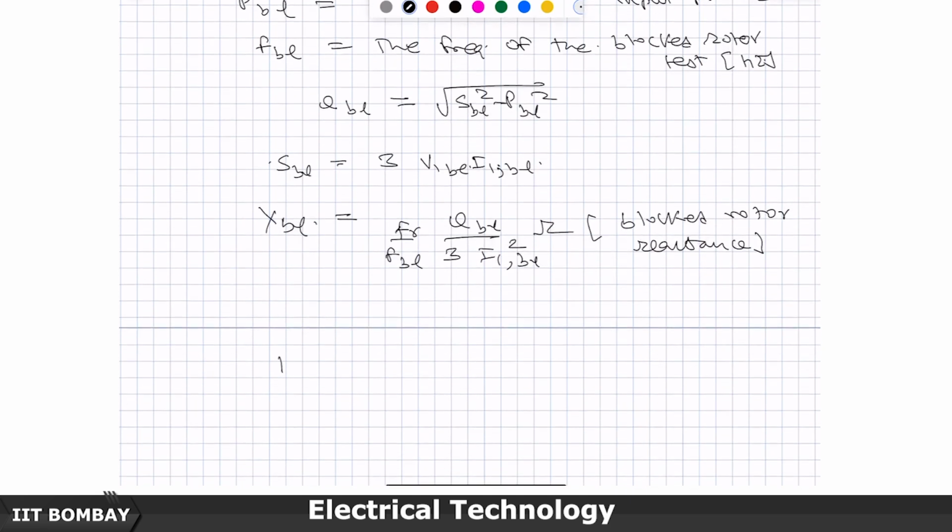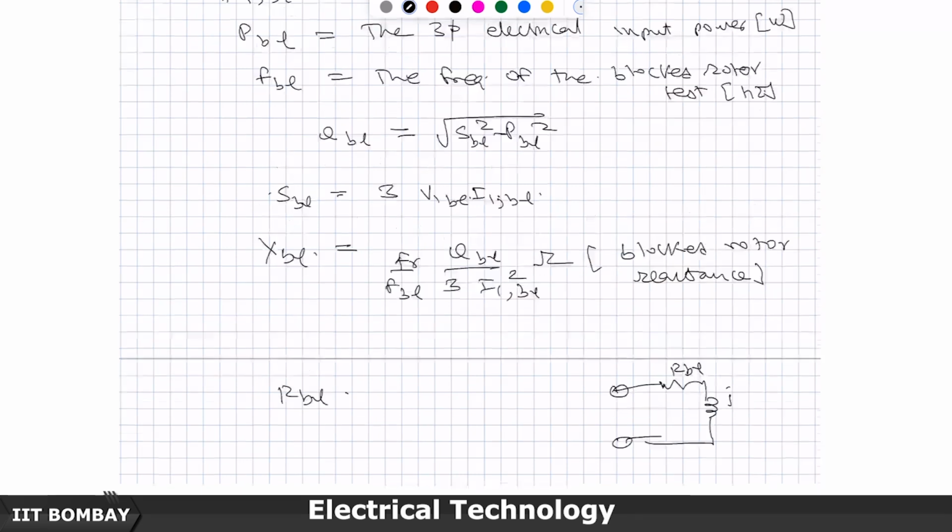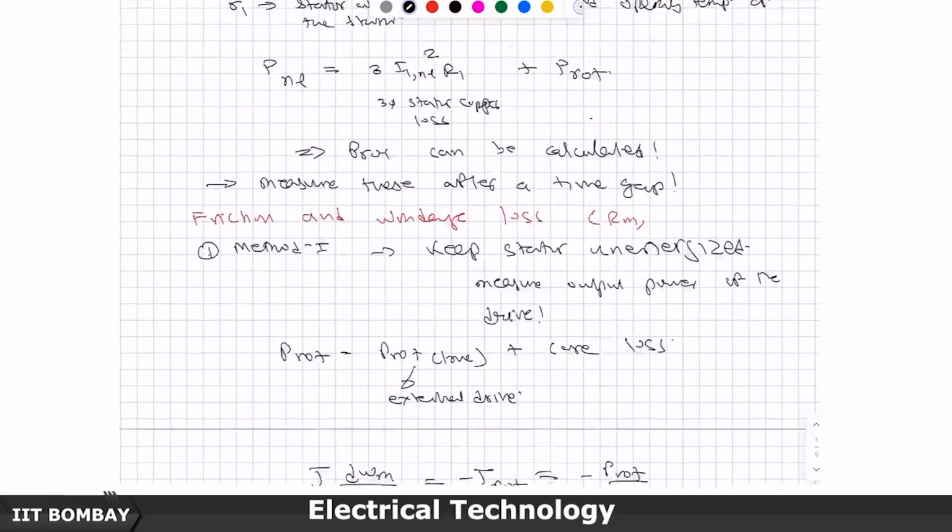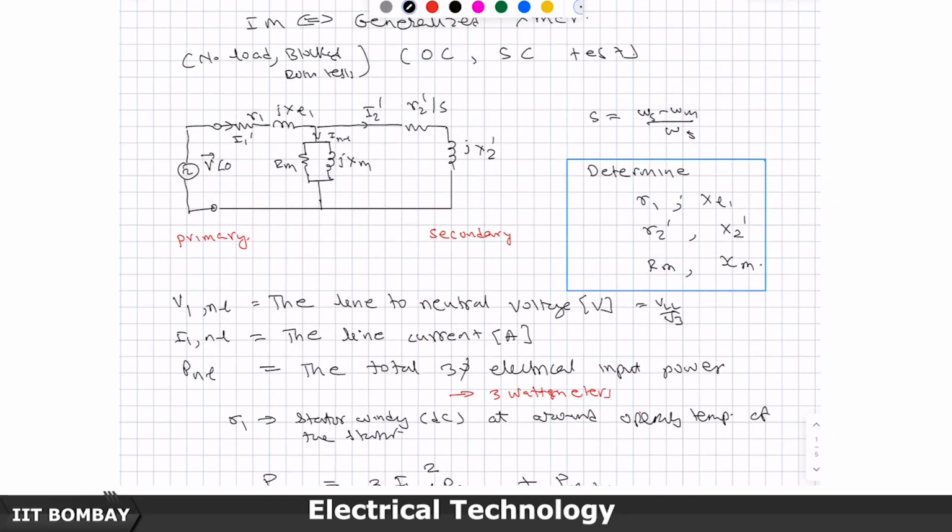Now, what about the resistance? Similarly, we get one resistance. What I am saying is, I have this supply connected, I did the block test, I measured voltages and currents. Whatever is that detailed circuit that I had earlier with S equal to 1, I have to parallel this, then it will become one equivalent that will have one resistance part and one reactance part.